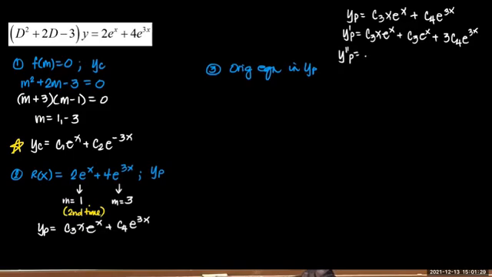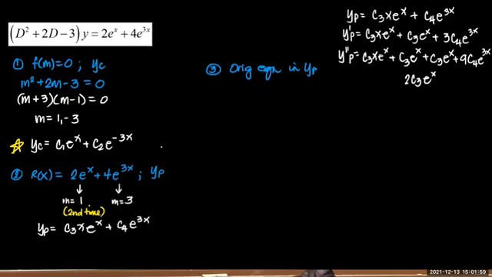So again, copy the first, derivative of the second, plus copy the second, derivative of the first, plus in here, it's just the same. In here, it's 9c4 e to the 3x. So we can combine these two to form 2c3 e to the x. We don't have a problem with that.